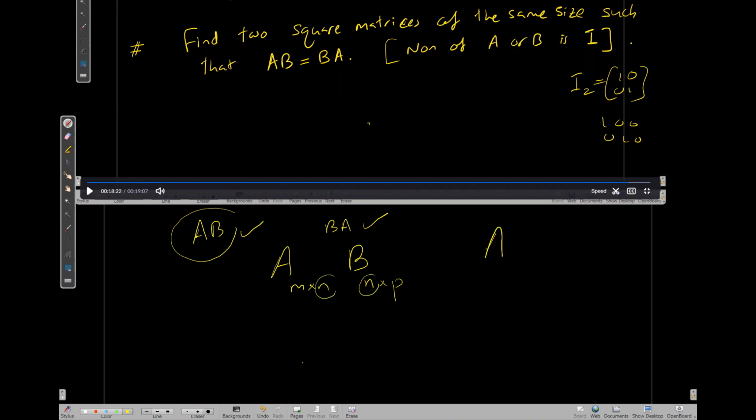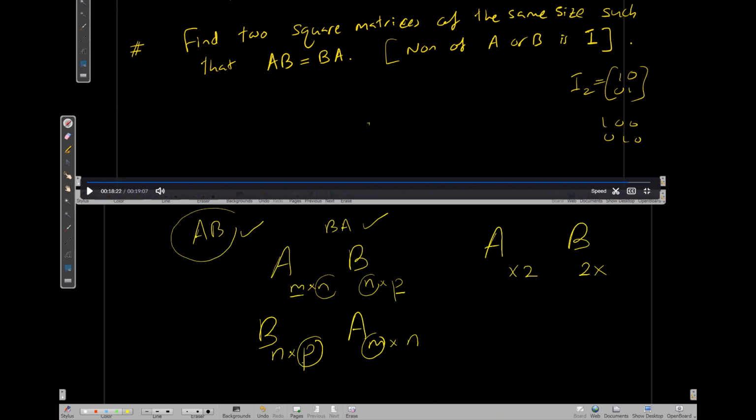So let's say A is something by 2 and B is 2 by something. And in order for BA to exist, B is n by p and A is m by n, so these numbers must be the same. So right here and here.